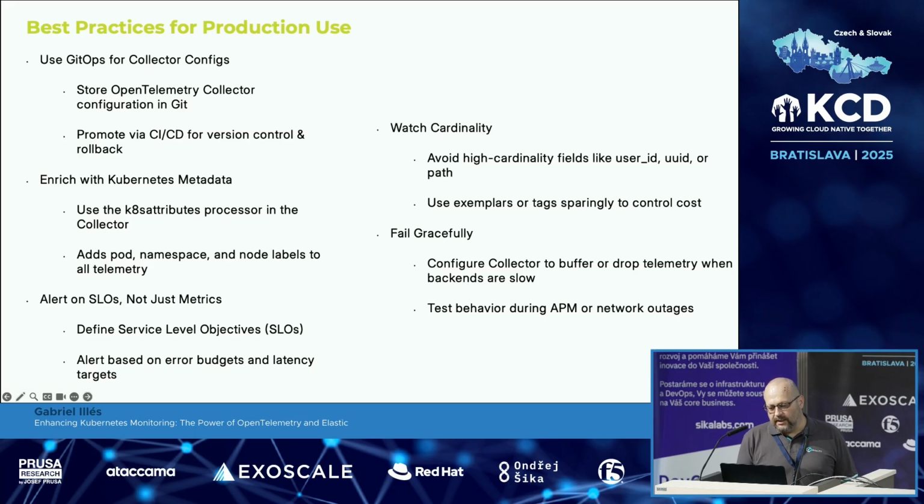It could also reduce the costs drastically. And configure the collectors to drop or buffer the data when the backend is slow or not reachable. It's best practice to test this behavior before you go to production.